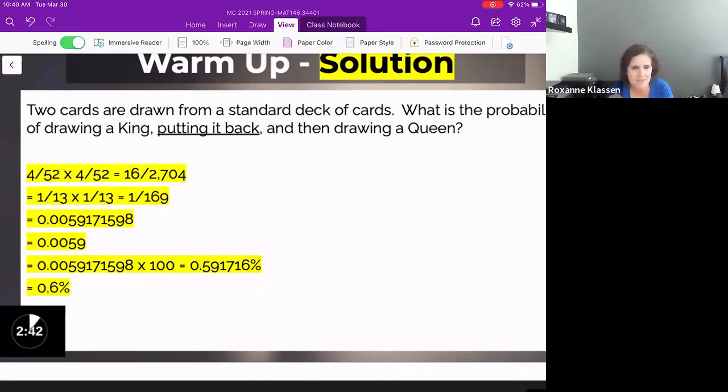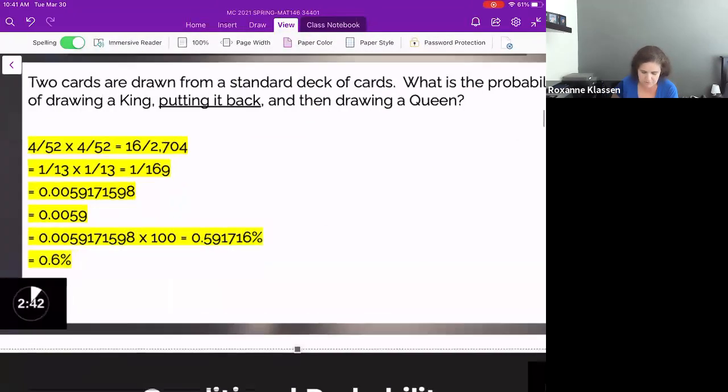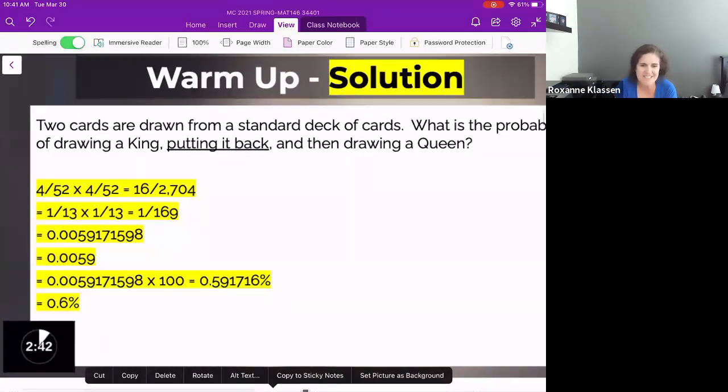Now let's talk about the percent or the decimal, because a lot of you are still struggling with that. As a decimal, it would be 0.0059 if we end it right there, because the next digit is a 1, so we wouldn't change the 9. Now, if we change it to a percent and go to 1 decimal place, do you see how it would be 0.6%?